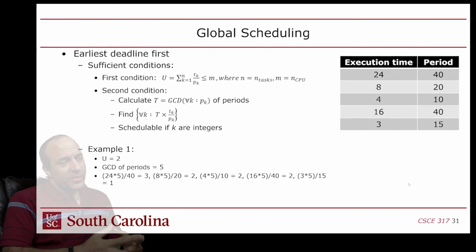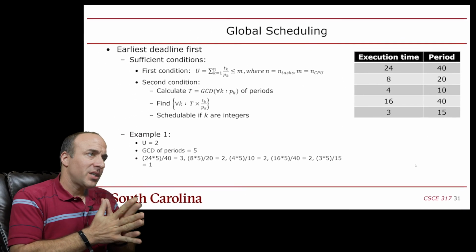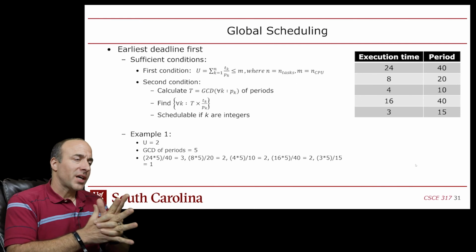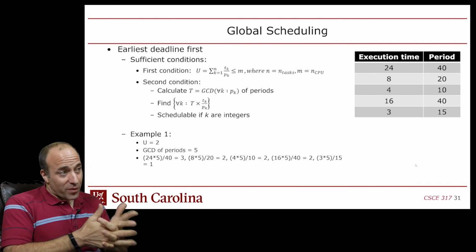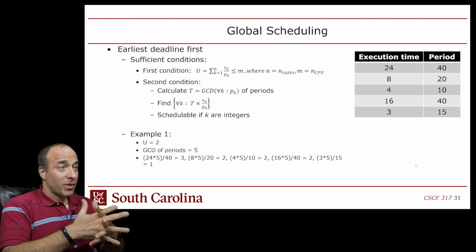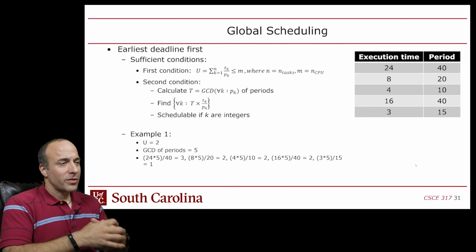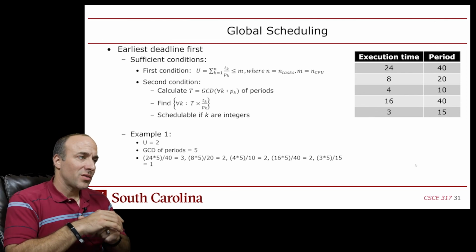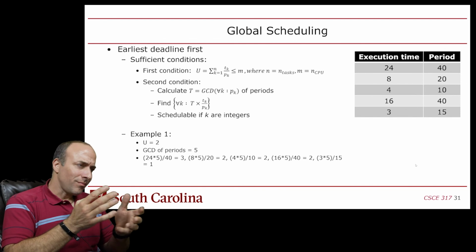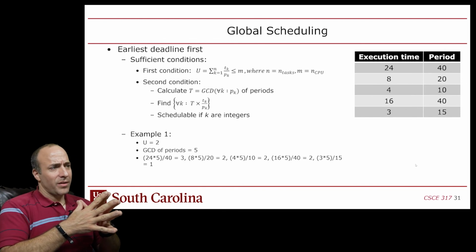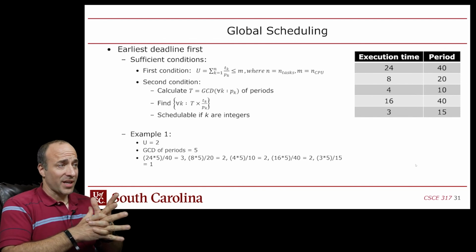So what are the schedulability conditions of global scheduling? The first one's pretty straightforward. The utilization has to be less than or equal to the number of processors. The second condition is a little stranger, where you have to calculate the greatest common divisor of the periods of the task set.